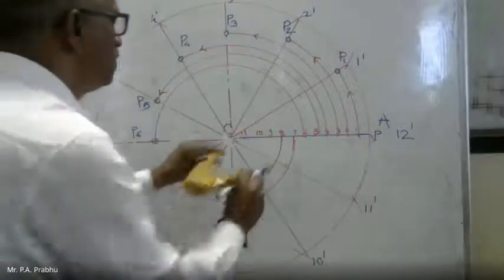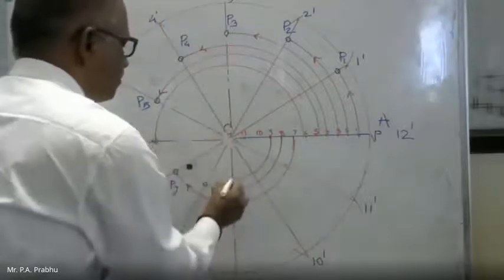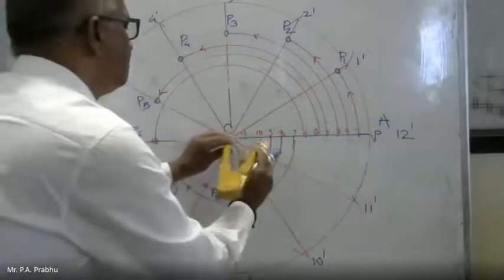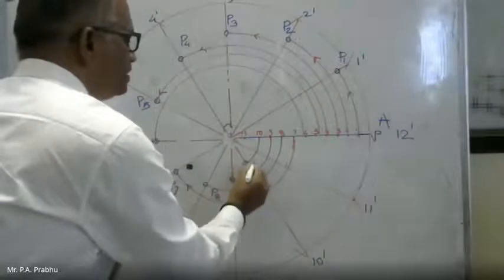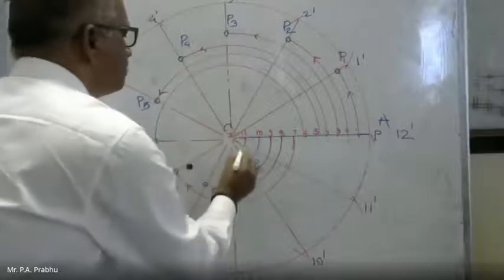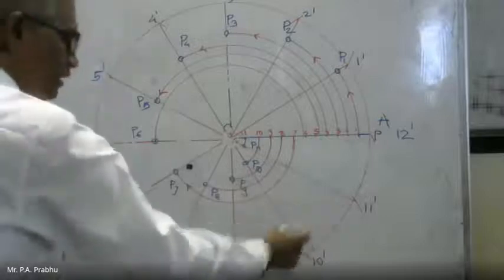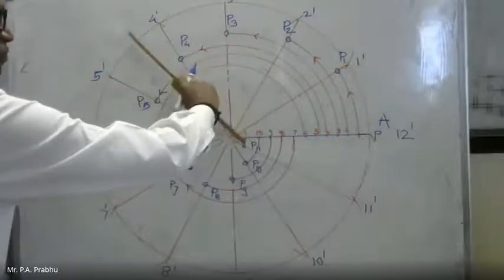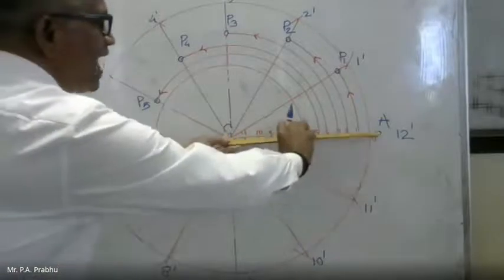P8. P9. P10. P11. And the last point, again, this is my line: first, second, third, fourth, fifth, sixth, seventh, eighth position, 9, 10, 11, and again the last position.